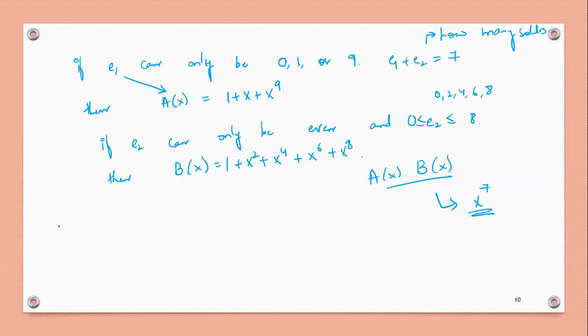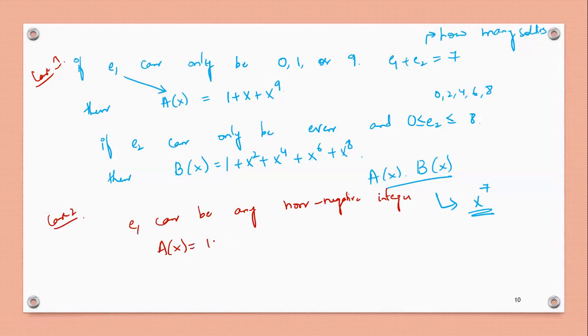Now suppose another case, case 2, this is our case 1. If e1 can be any non-negative integer, that means from 0 to infinity, e1 can be anything. Then our a of x will be given as 1 plus x plus x square and so on up to infinity.